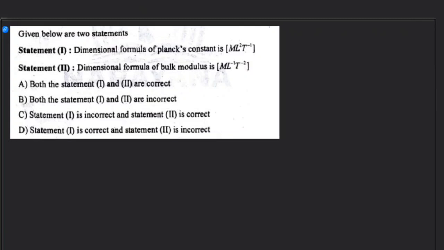You know, Planck constant can be written from E = hc/λ. So energy is equal to hc/λ. Energy can be written as ML²T⁻², and λ is a length, so it is L, giving h = Eλ/c.